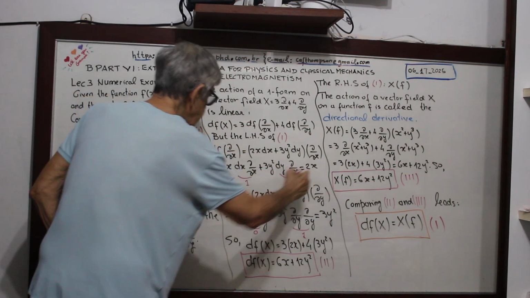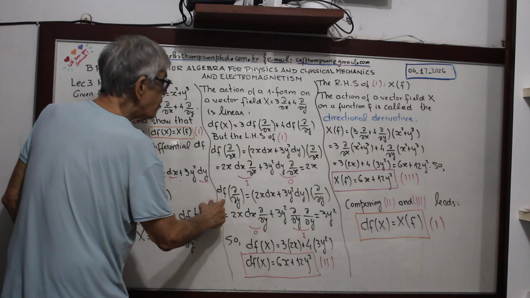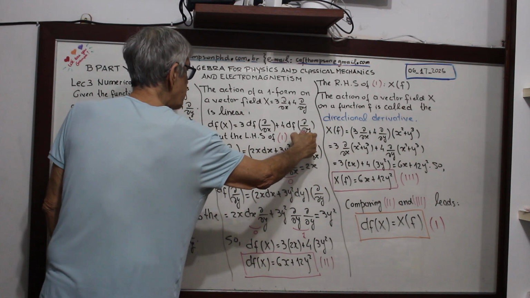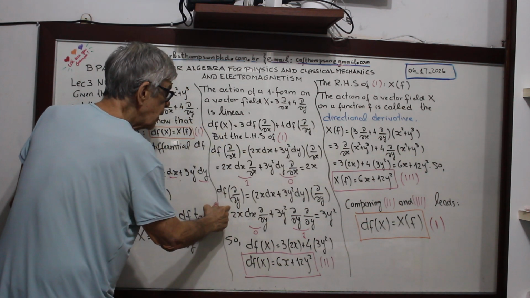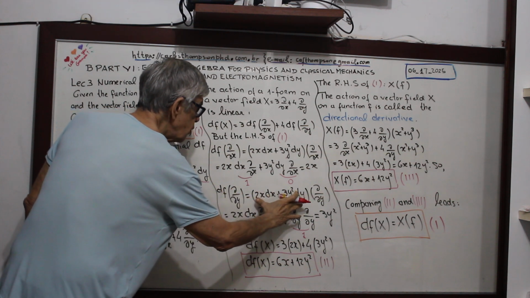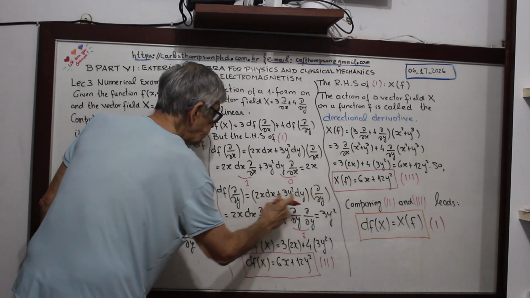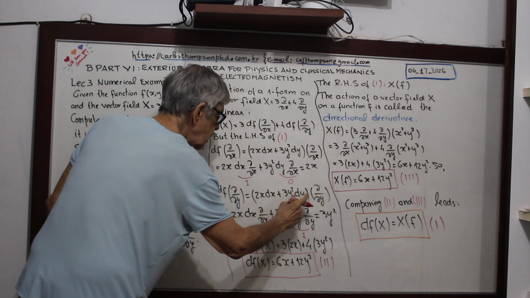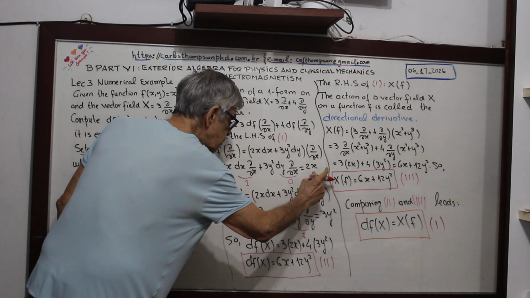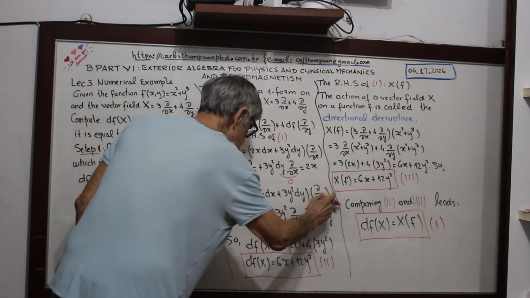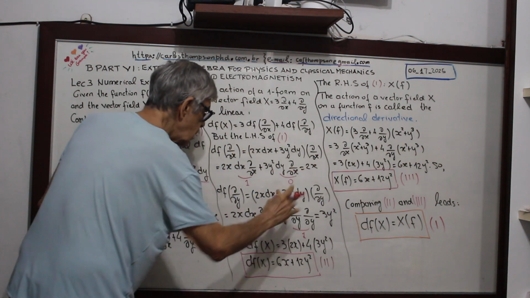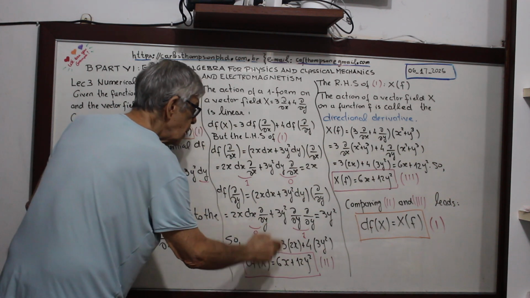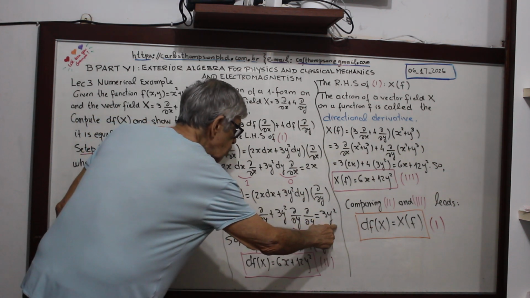So this is 2x. Now let's apply df on the vector basis partial with respect to y. You just repeat df over here. dx applied to partial with respect to y is 0, and dy applied to partial with respect to y is 1, exactly as we did over here. So this is 0 and this is 1. So this is 3y squared.